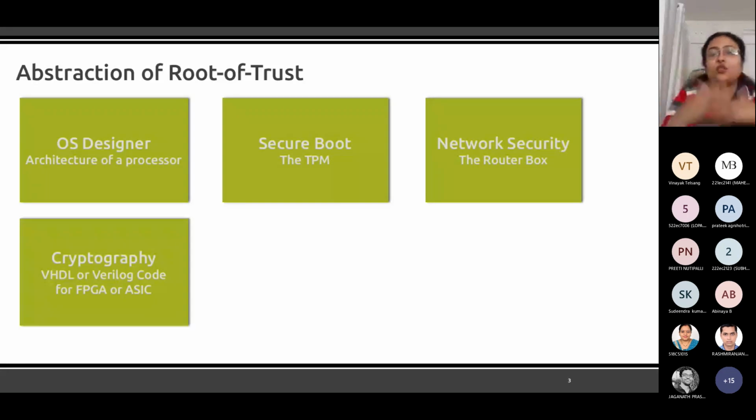Now let us go down a little bit into the system and talk about the cryptographer. As you are already aware of security, I just want to give a brief about it.